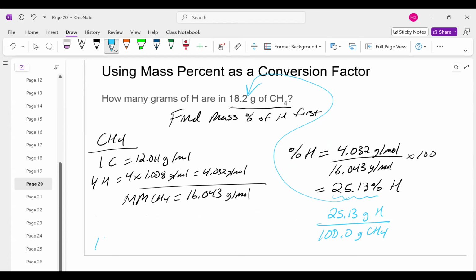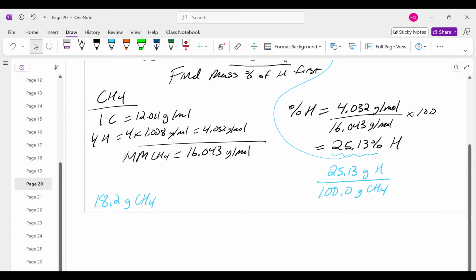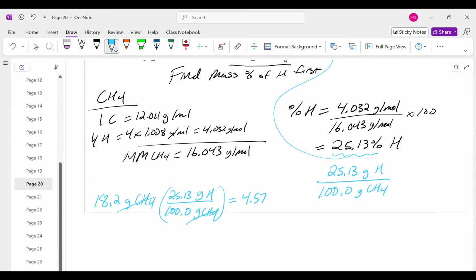So I can set up my conversion factor to go from grams of methane to grams of hydrogen by using my mass percent: 25.13 grams over 100 grams of CH4. Notice grams of CH4 cancel out, and that comes out to 4.57 grams of hydrogen.